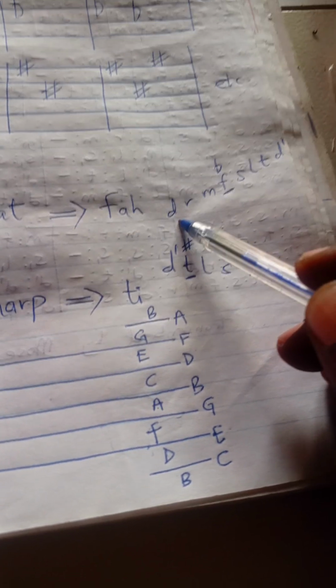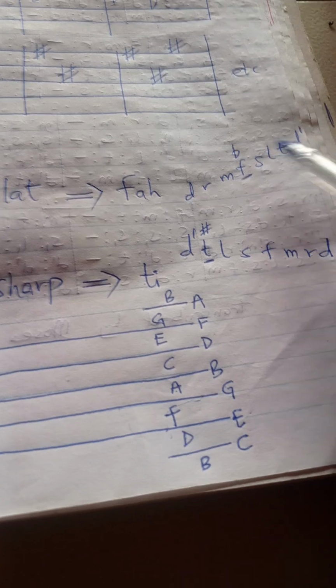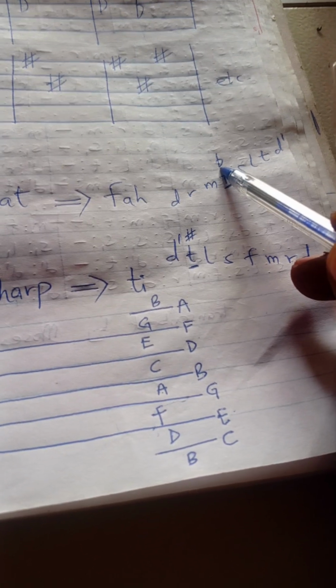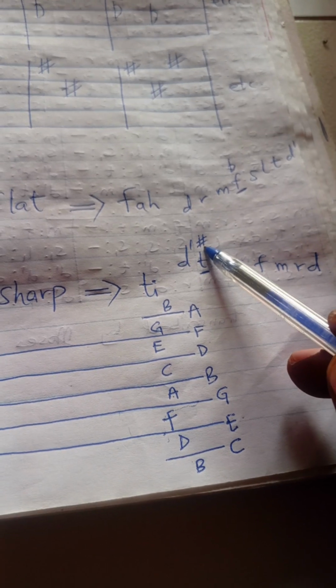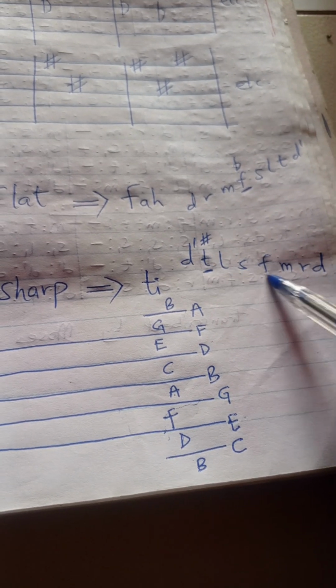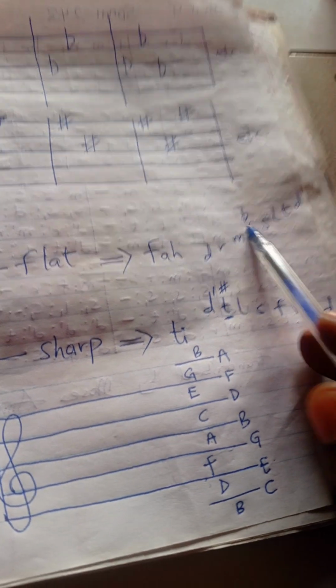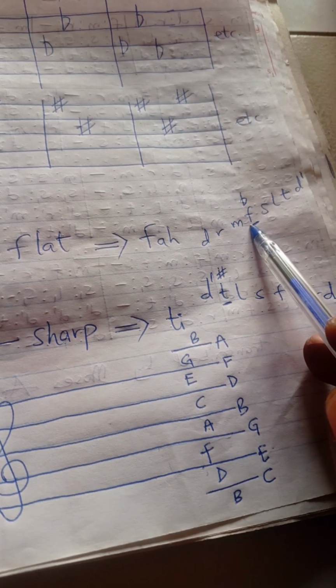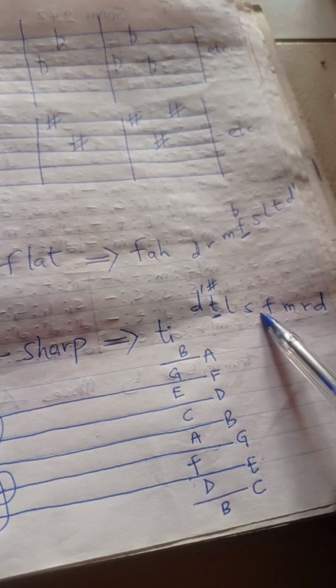So we have do, re, mi, fa, sol, la, ti, do. Look at where I've put the flat sign, and where the sharp sign has been placed. This flat sign represents fa on the scale, and this sharp sign represents ti.